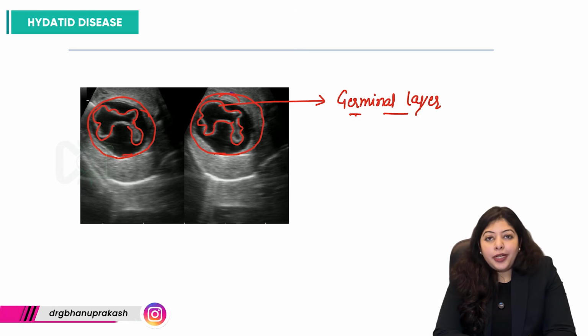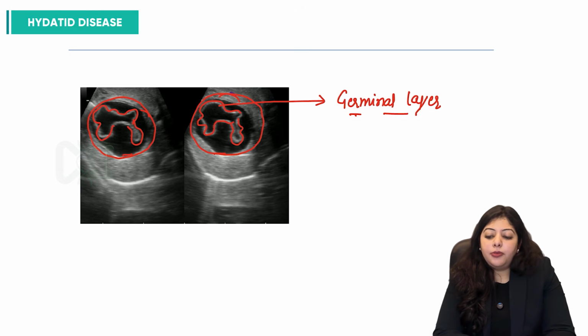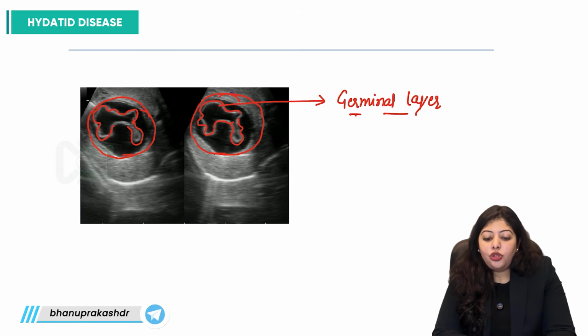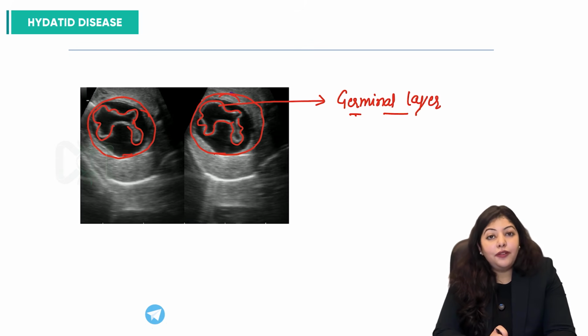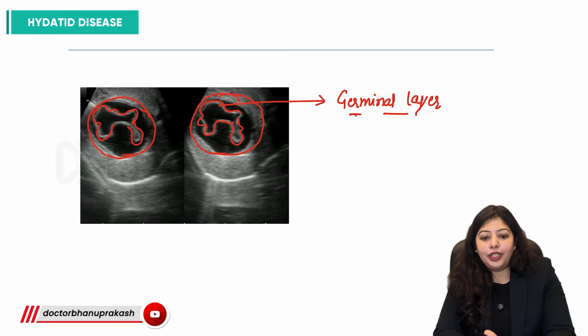Because of rupture, at times this germinal layer collapses and the fluid leaks out in the cyst only, right? So this germinal layer keeps floating inside the cystic fluid and keeps changing its shape in the fluid only, right?